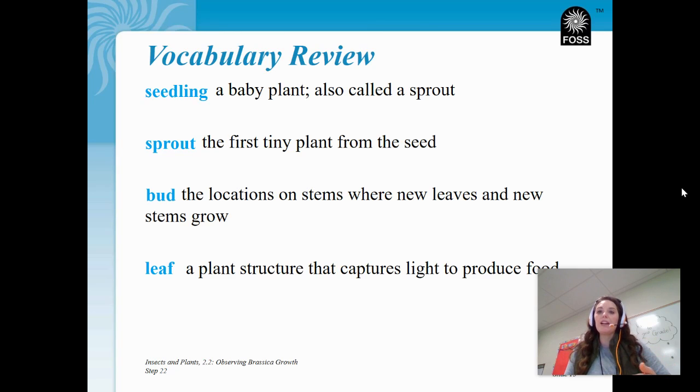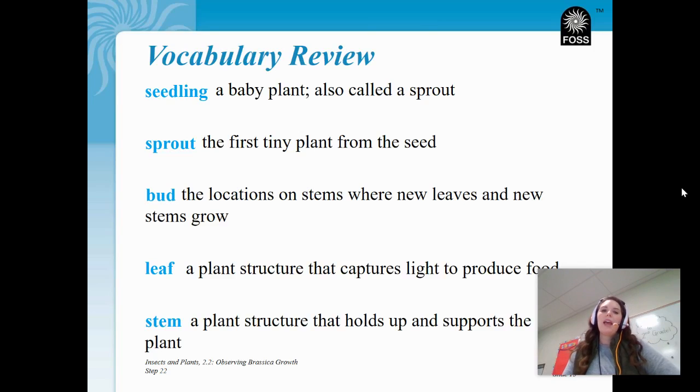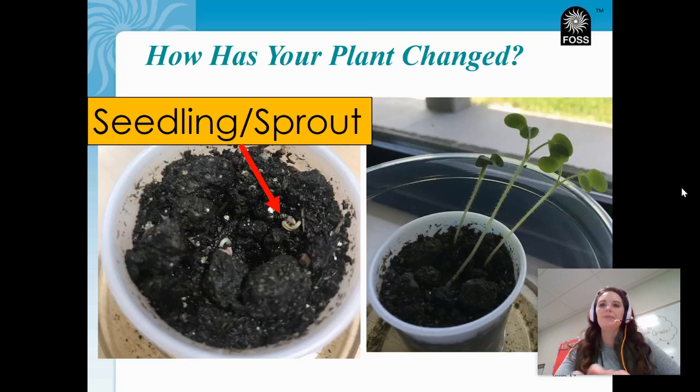It gives the plant food through photosynthesis. And lastly, a stem. The stem is a plant structure that holds up and supports the plant. I know some of them are getting a little top heavy and might be falling over, but that stem will grow stronger to hold up the plant.